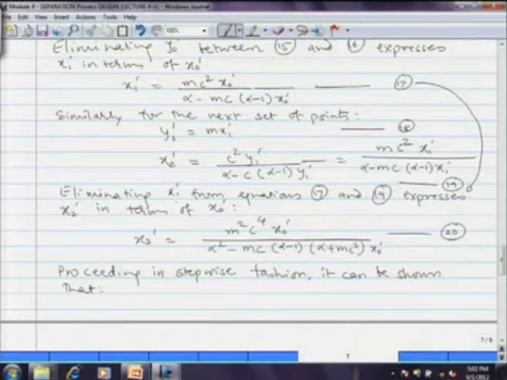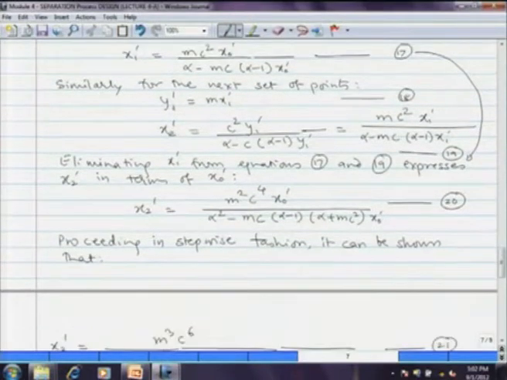Okay, eliminating x1 dash from equations 17 and 19 expresses x2 dash in terms of x0 dash. So, x2 dash is equal to m square c raised to 4 x0 dash divided by alpha square minus m c into alpha minus 1 into alpha plus m c square into x0 dash.